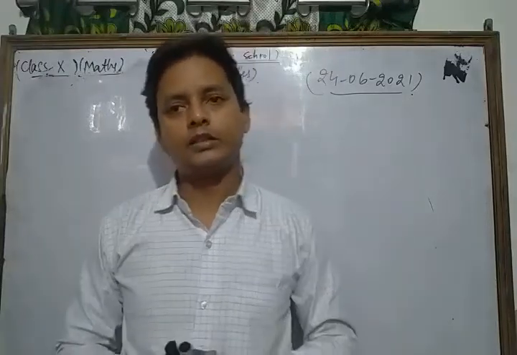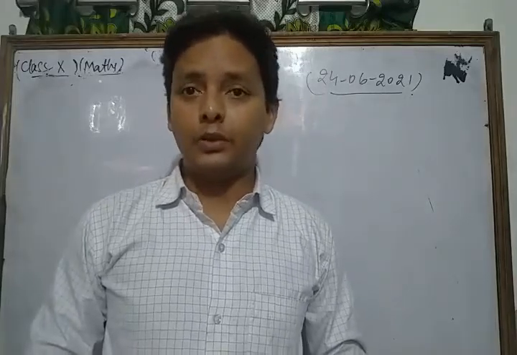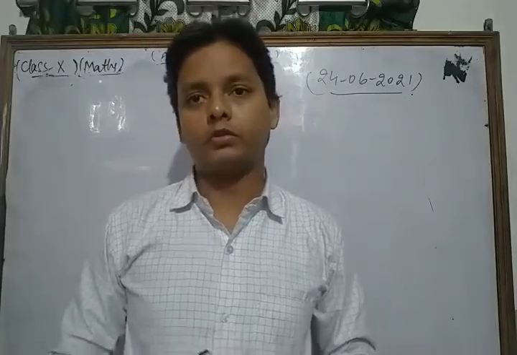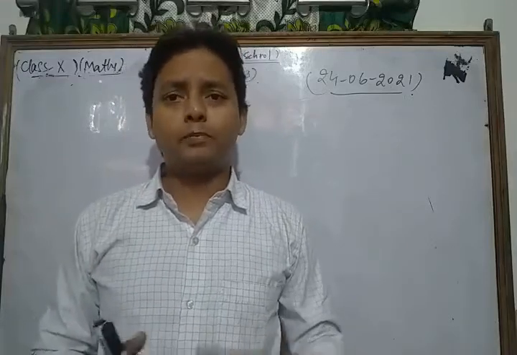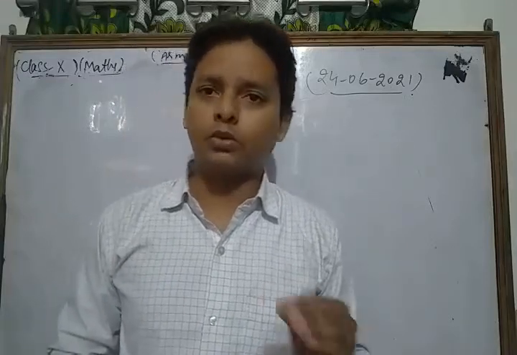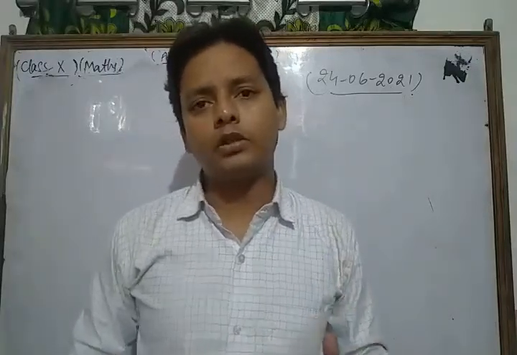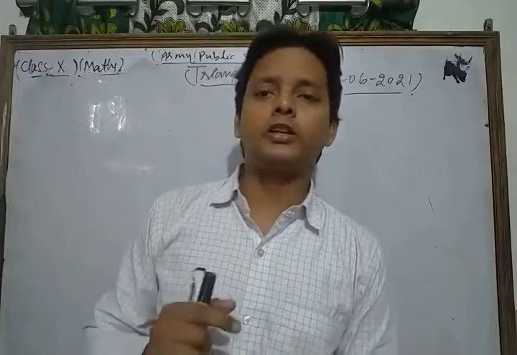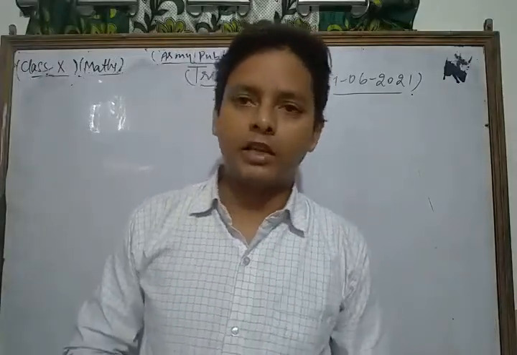Now in today's class we are going to discuss a new and very important topic of the chapter triangles, which is the Pythagoras theorem. Dear students, in previous classes you are already aware of the Pythagoras property, and you know very well that it is related only to a right angle triangle, not all types of triangles.